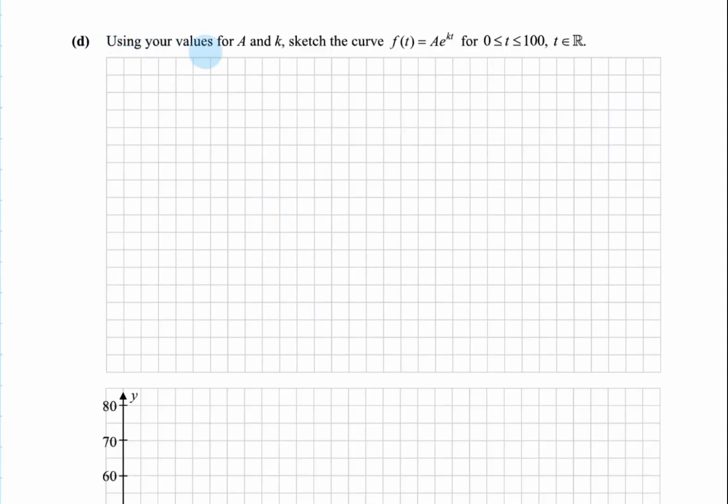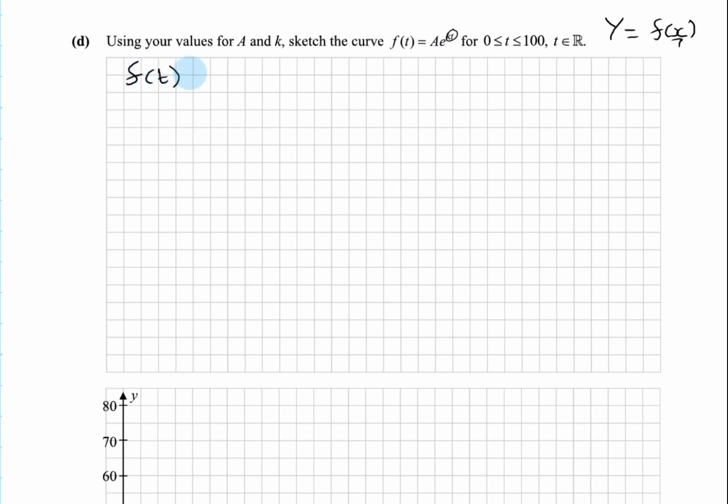So now we're told, using your values for A and K, sketch a graph f(t) equals Ae^(kt), and so on. We always use y and f(x) interchangeably because x is usually your independent variable. But in this case, t is our independent variable, so we have f(t).